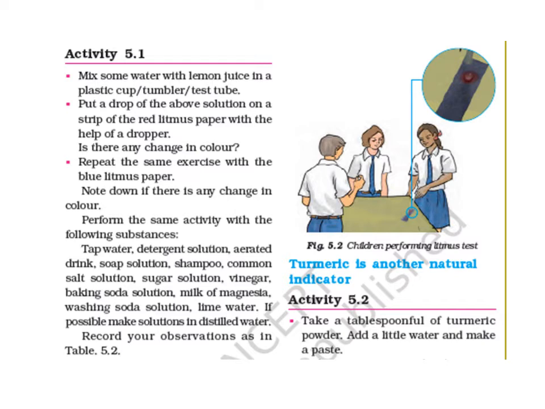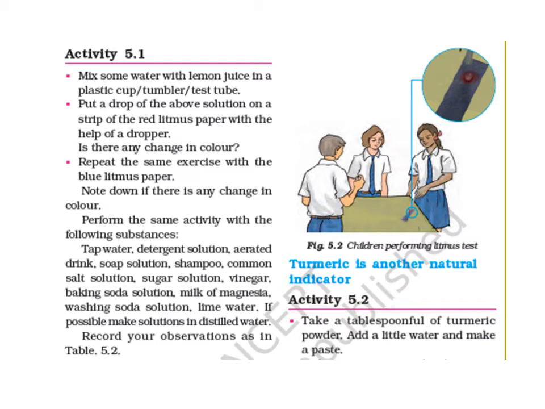But our conclusion will be confirmed from the next step. Then take a blue litmus paper strip and add some drops of detergent solution on it, no change of color you will observe here.